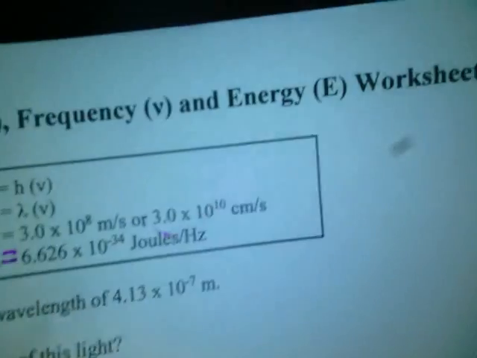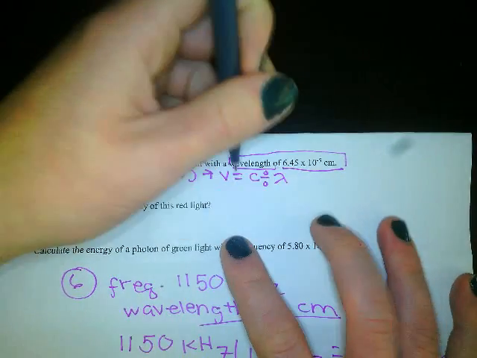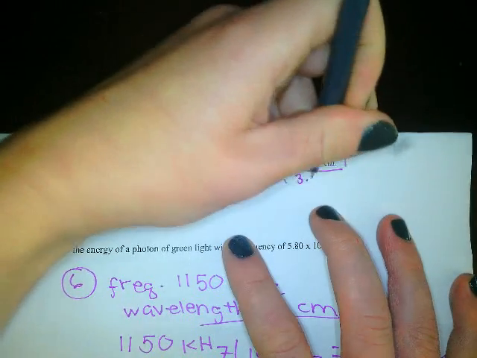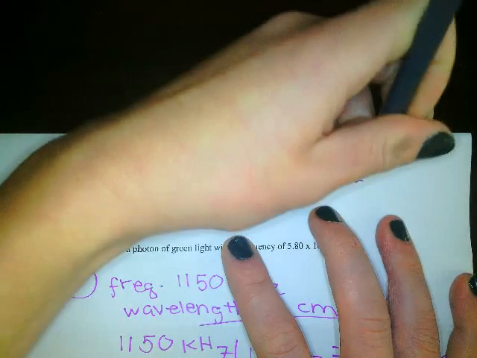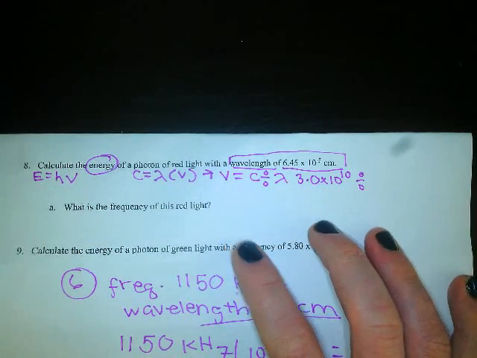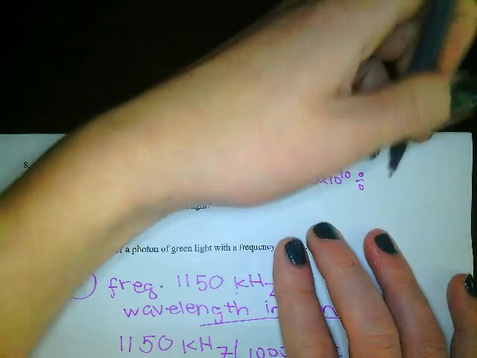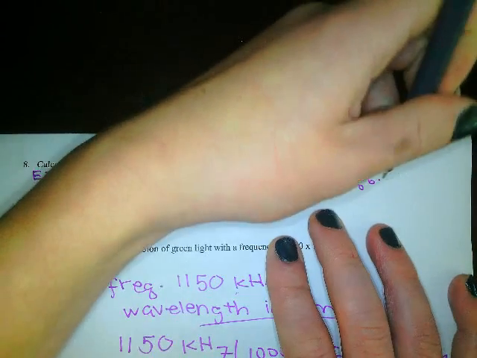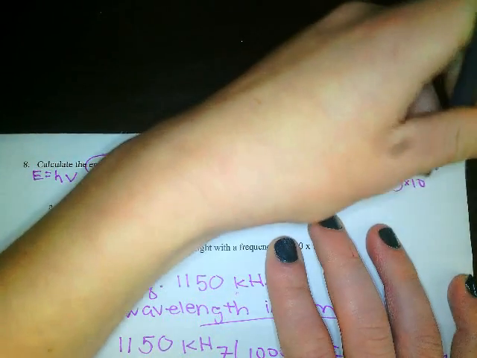And I'm going to plug in those variables now. Again, I want to use the centimeters. It's giving me centimeters, so I'm going to use the centimeter speed of light. So that is going to be 3.0 times 10 to the 10th divided by my wavelength, which is 6.45 times 10 to the negative 5.